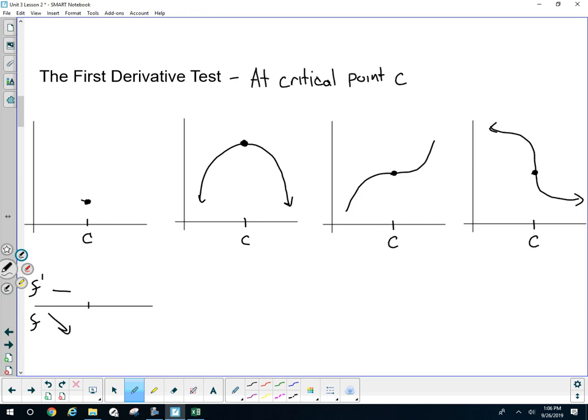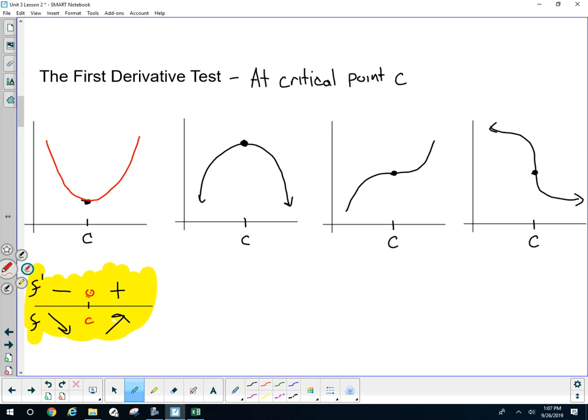If I know f prime has positive values, I know my function is going up. Well, if we are able to produce something like this, we will know the shape of my function must look like this, provided that at this critical point C we have a 0, which means we flatten out.